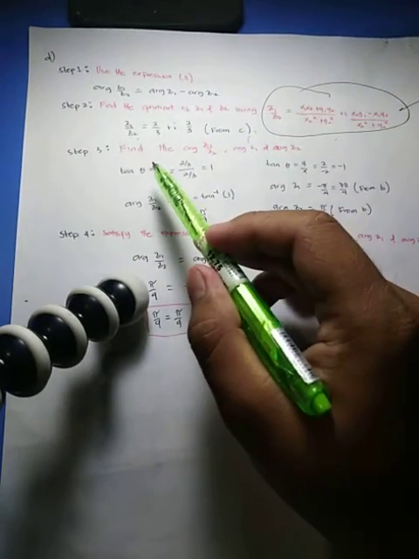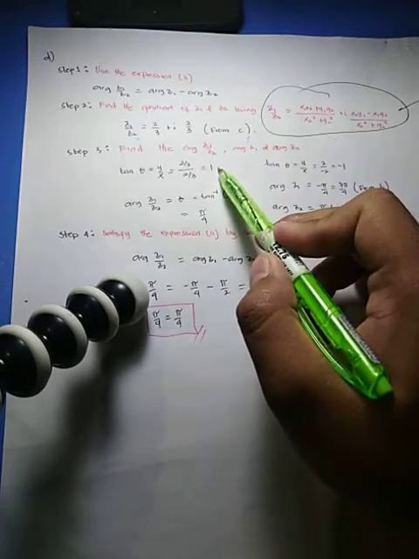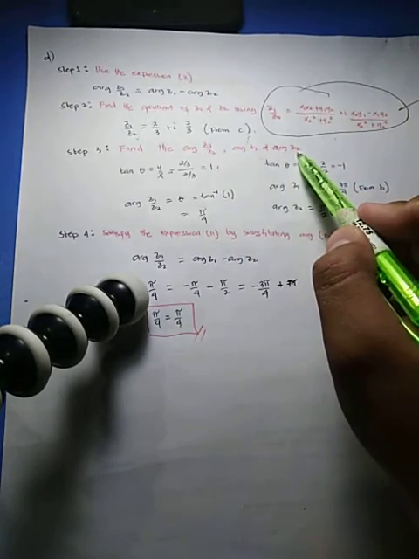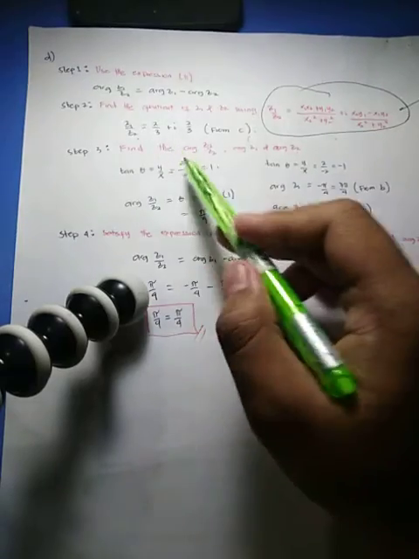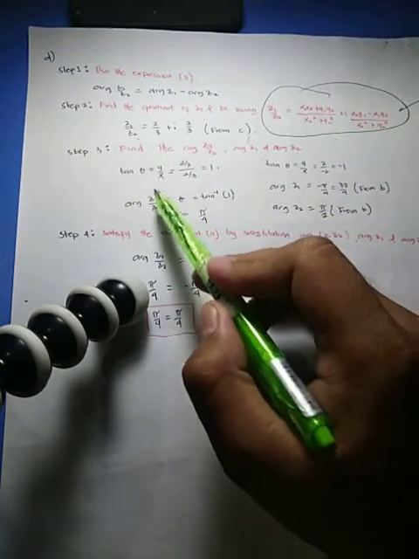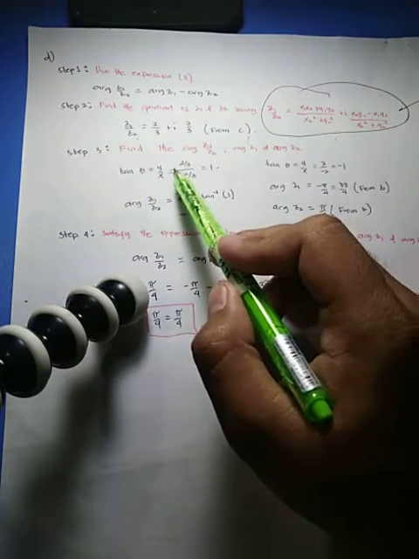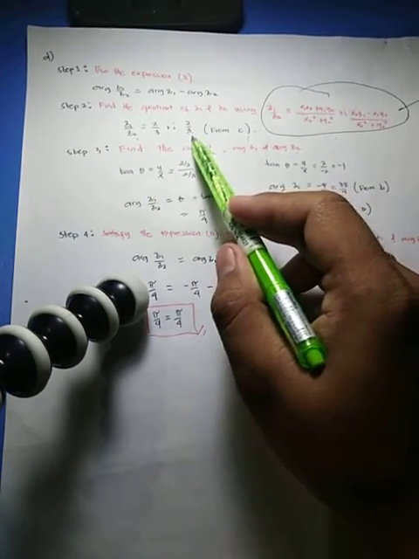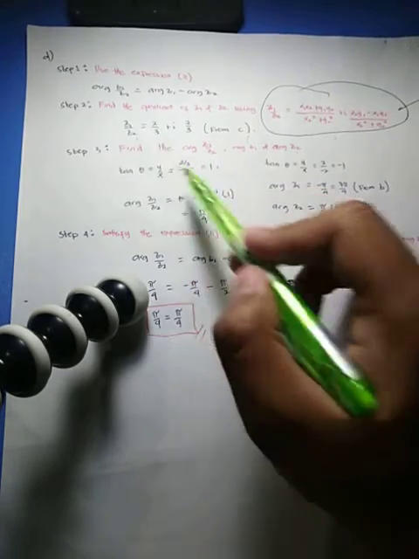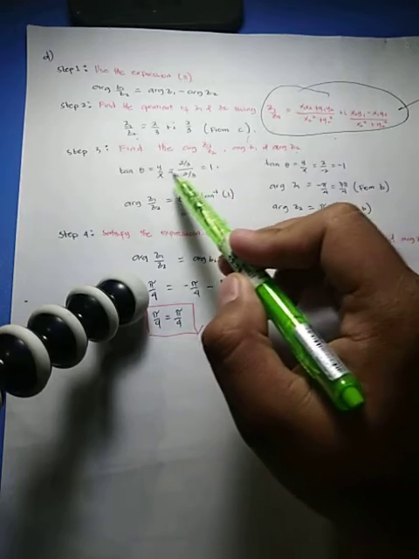For step number 3, we have to find the argument of z1 over z2, the argument of z1, and the argument of z2. Finding the argument of z1 over z2, tangent of theta is equal to y over x, where y is 2 over 3 and x is 2 over 3. So 2 over 3 over 2 over 3 is equal to 1.